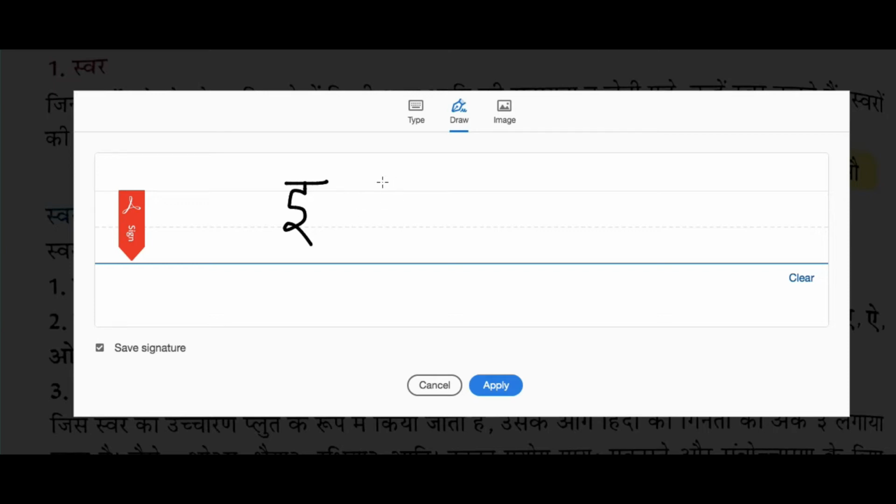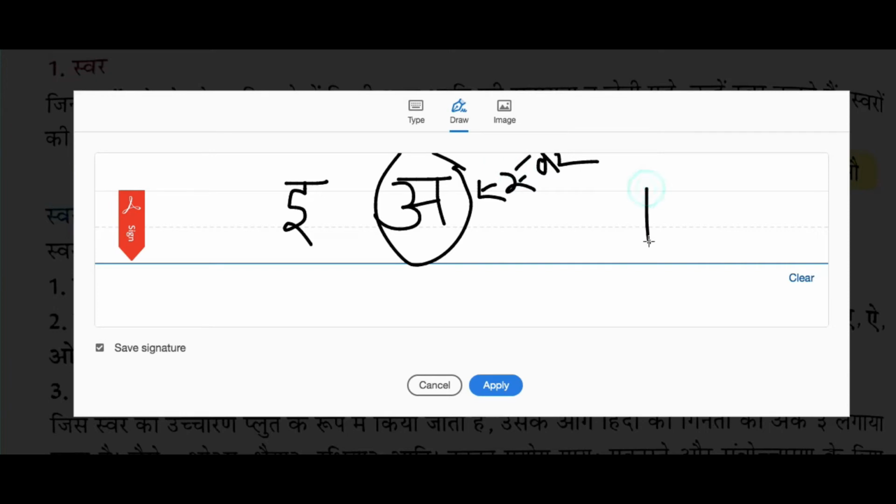Or when you write o. When you simply write a, there is no supporting sound to write this a. And this a is which type of word? This is swar word.